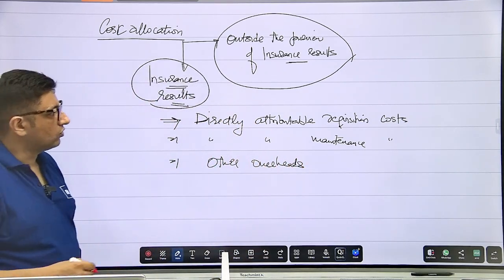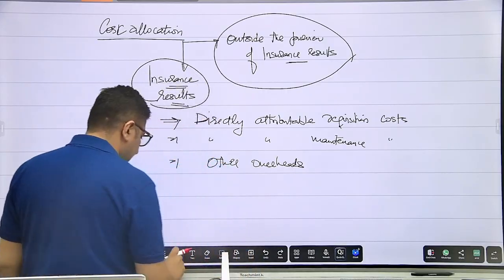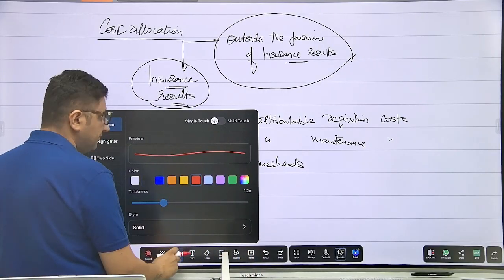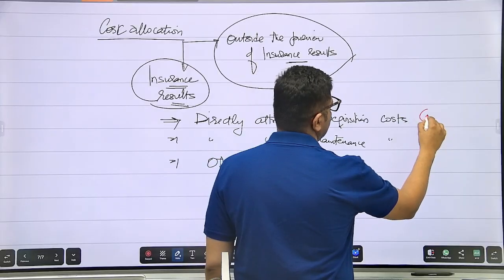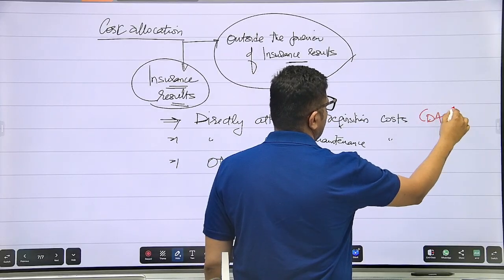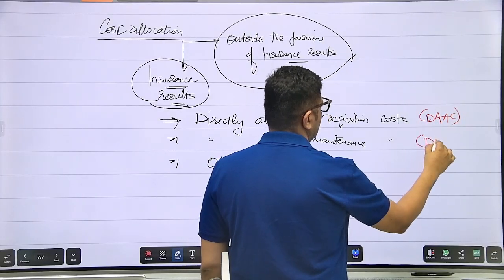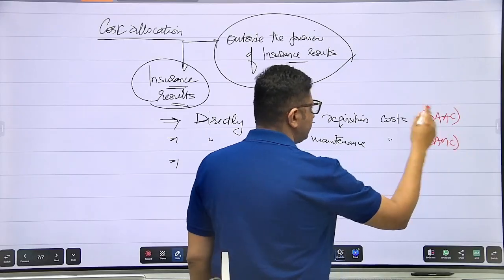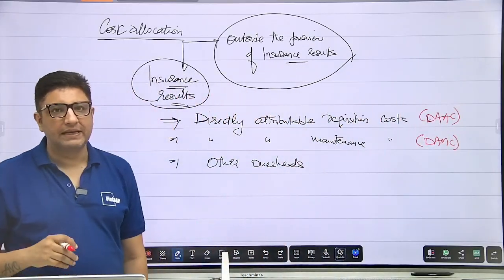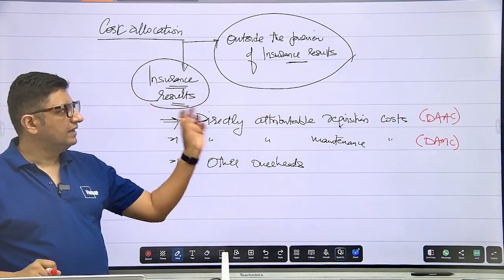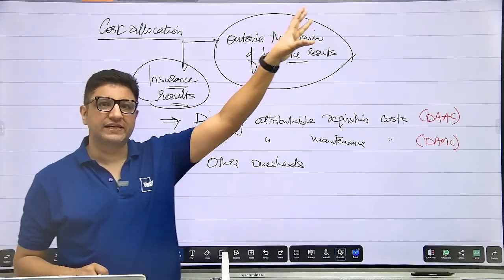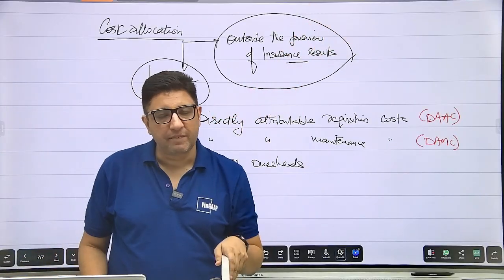Okay, we're talking about something like a DAAC, directly attributable acquisition costs, a DAMC, directly attributable maintenance costs, and then anything else that is not sitting in those two buckets would be part of other overheads.